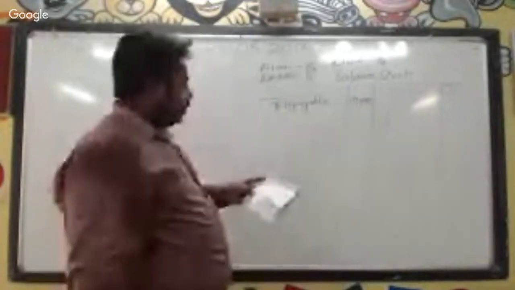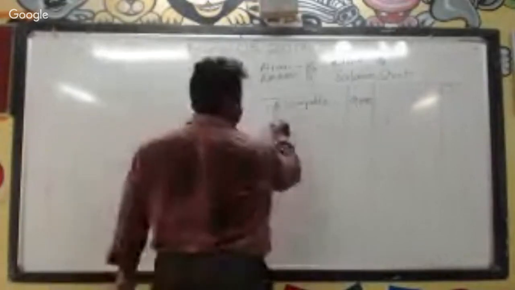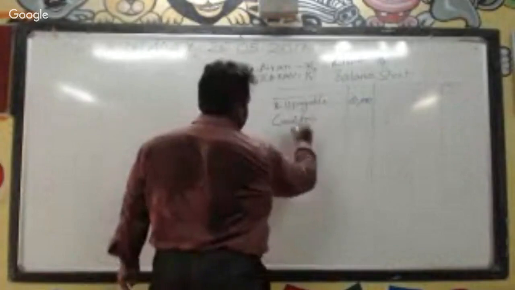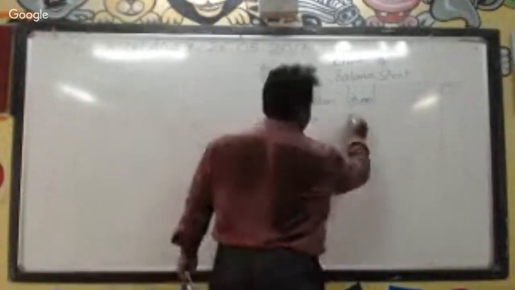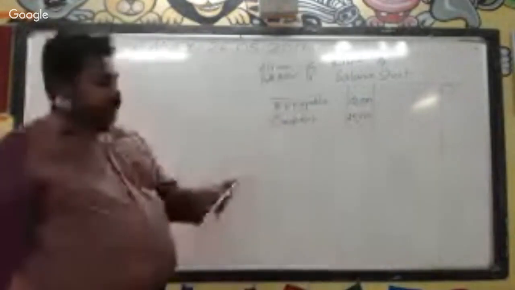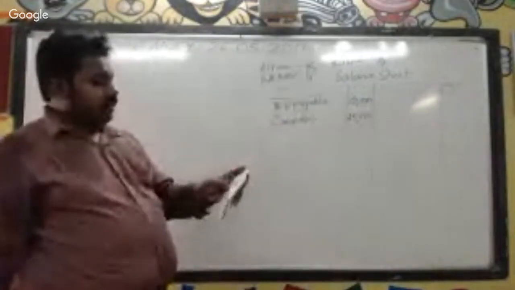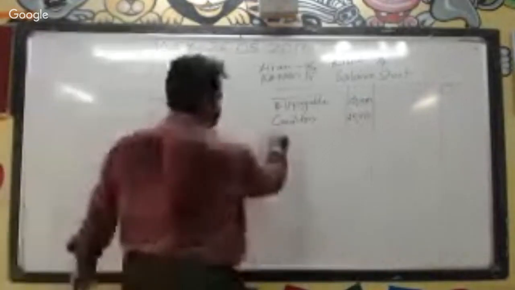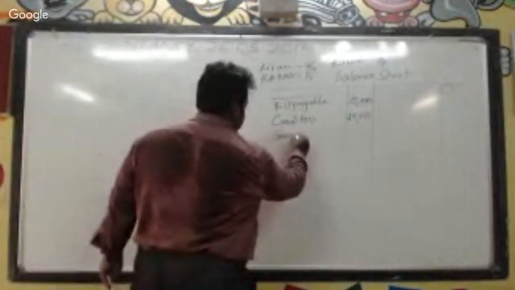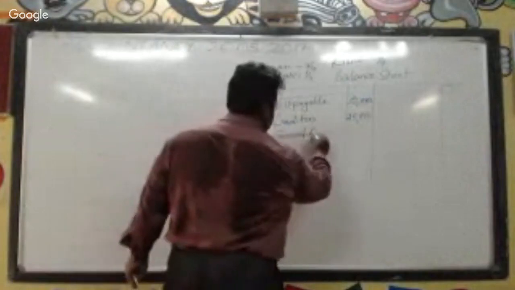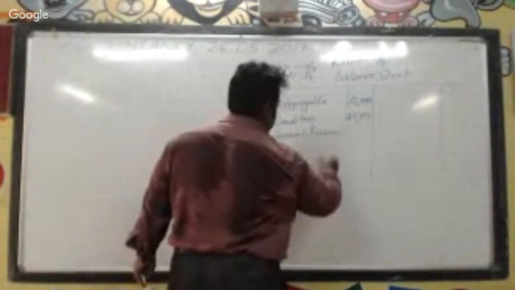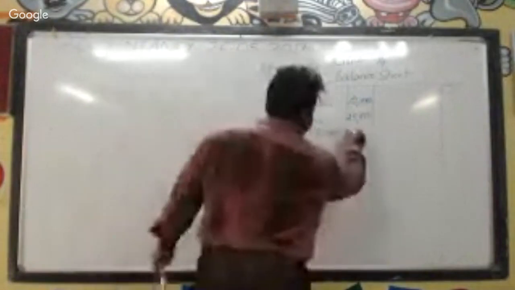Next, creditors, he has given 25,000. Next, he has given a general reserve, that is 20,000.